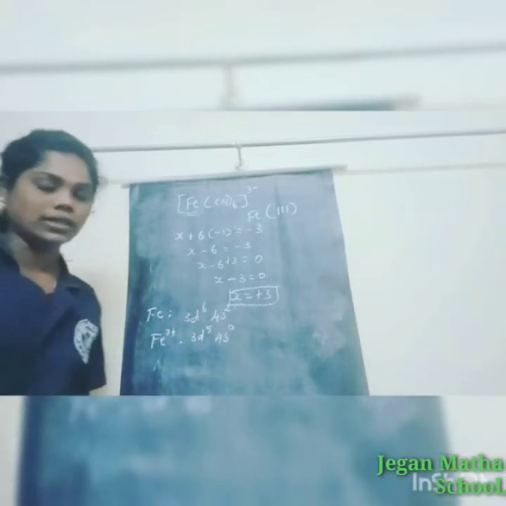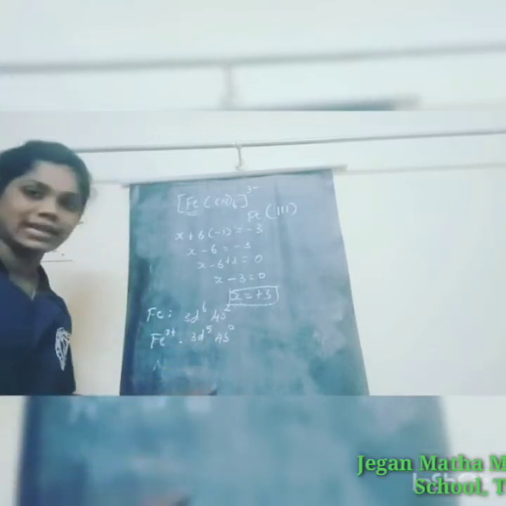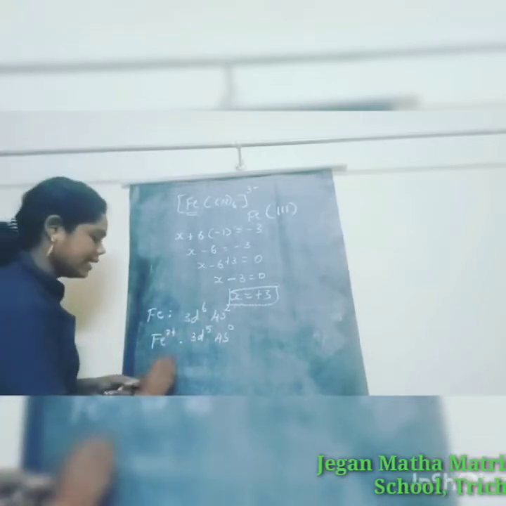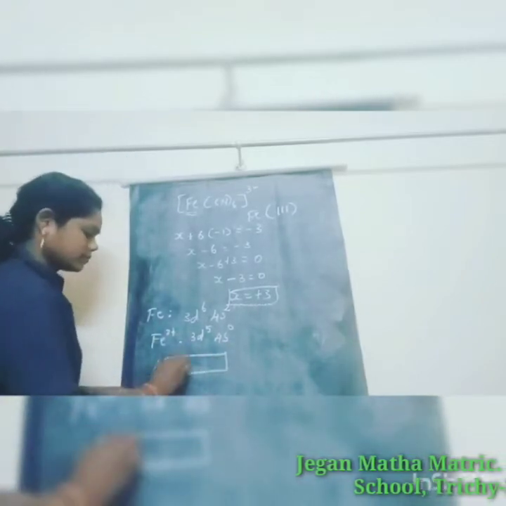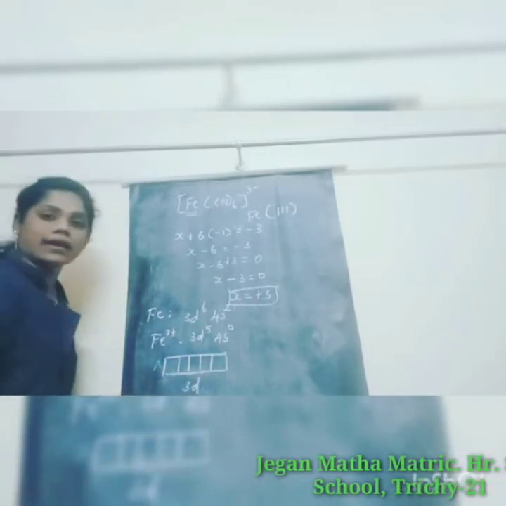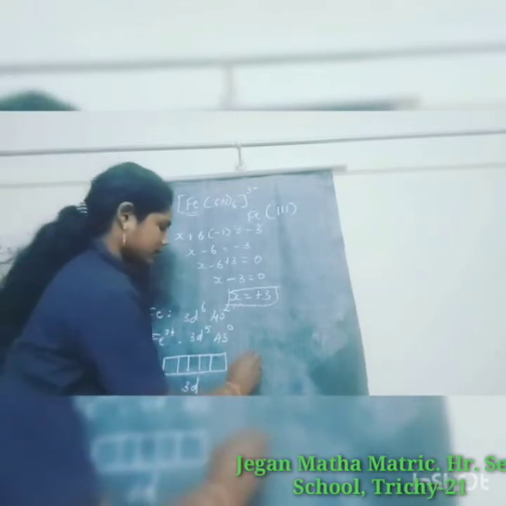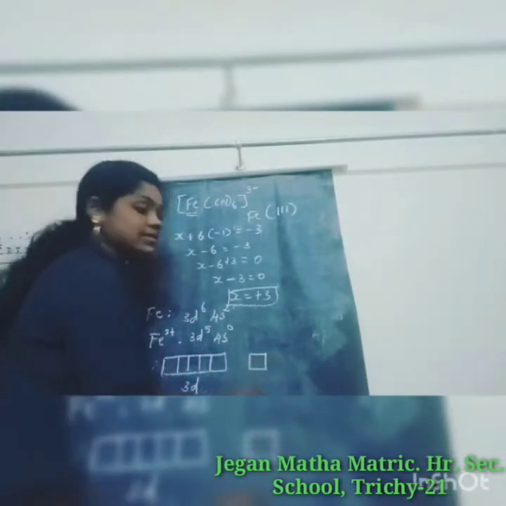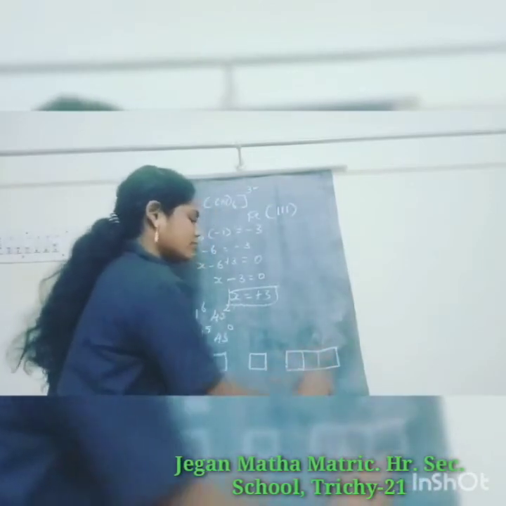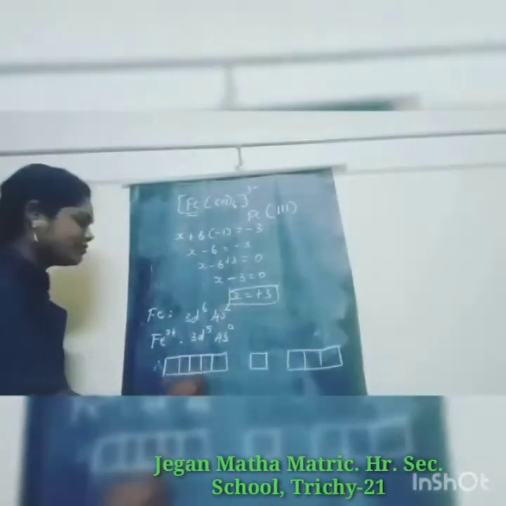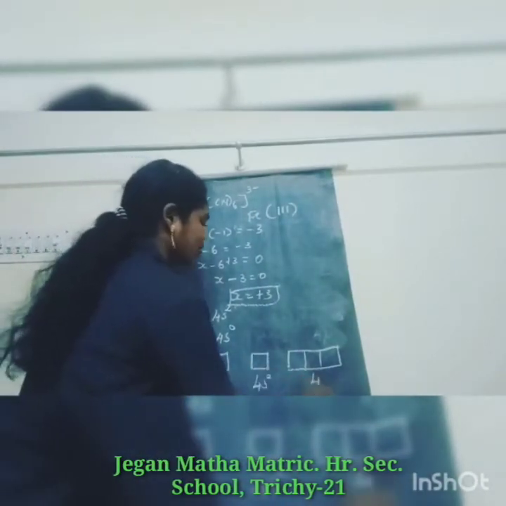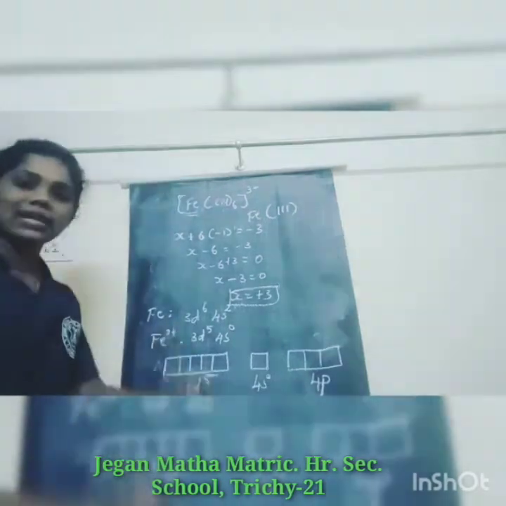Now we draw the orbital diagram: first 3d, then 4s, and then 4p. In 3d there are 5 electrons in total, 4s has 0 electrons, and 4p has none. How do we fill the electrons?